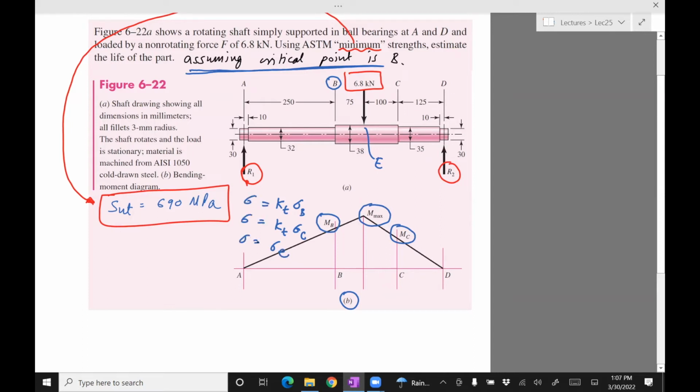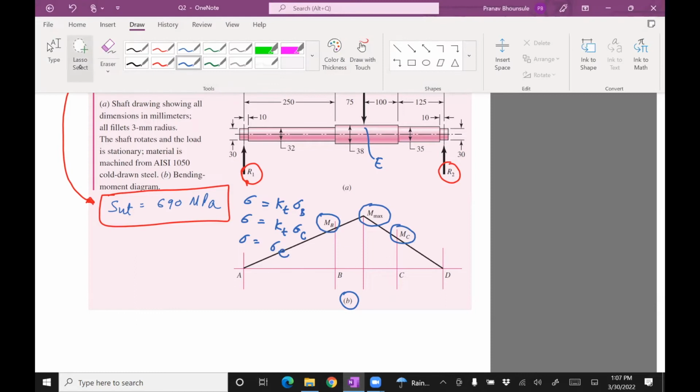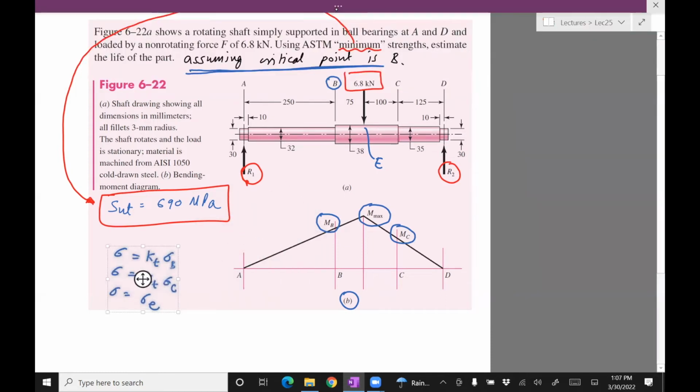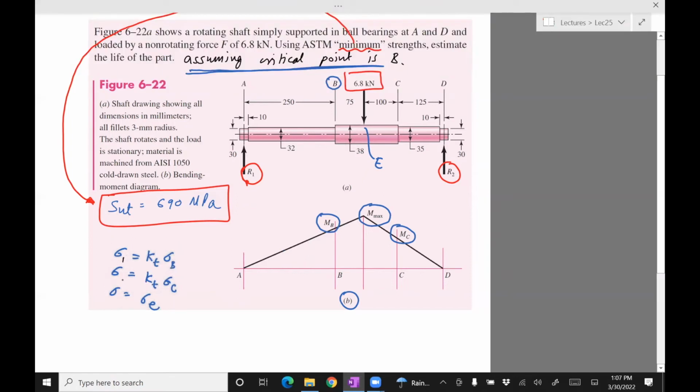Okay, for a second, just assume that there's just static loading. Right. That's right. So what we need to do to figure out the critical point is compute these stresses, sigma 1, sigma 2, and sigma 3.